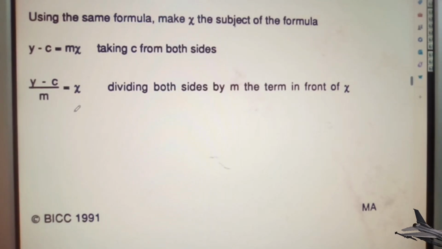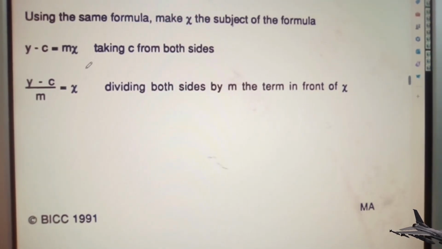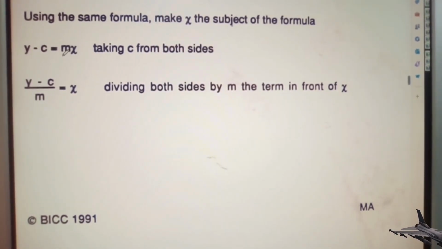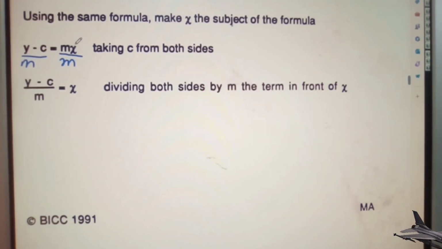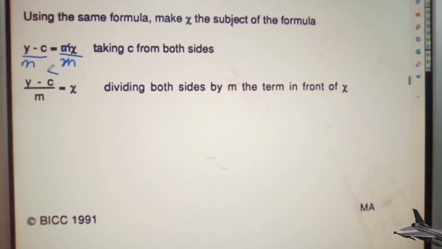So if you divide that side by m and that side by m, that cancels out, that cancels out. That leaves you y minus c over m equals x, and this would be your solution here.